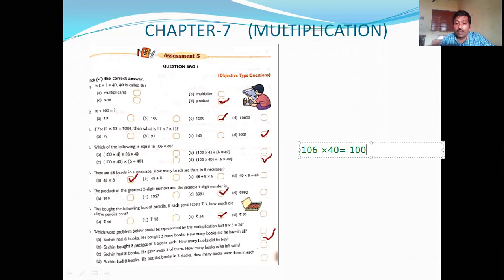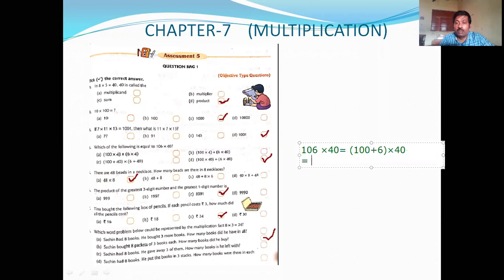Here we write 106 as 100 plus 6 in brackets, multiplied by 40.